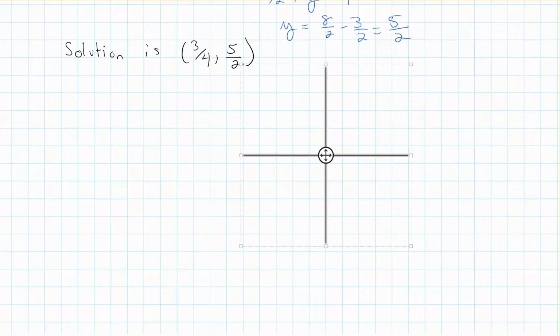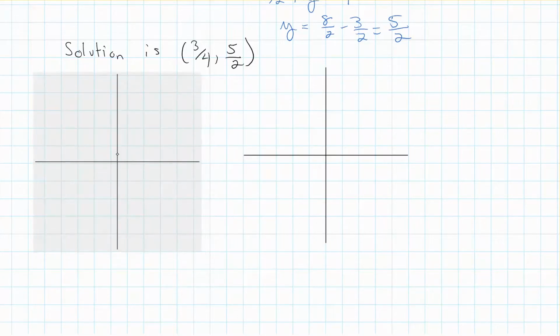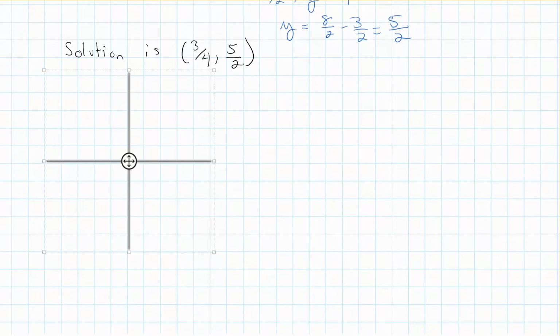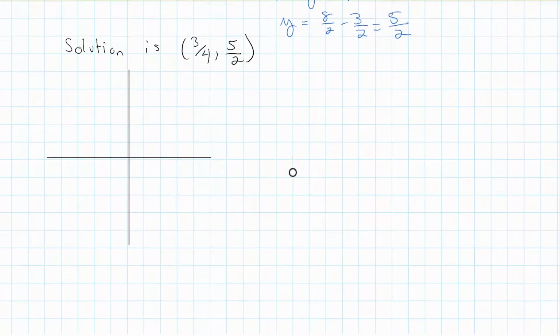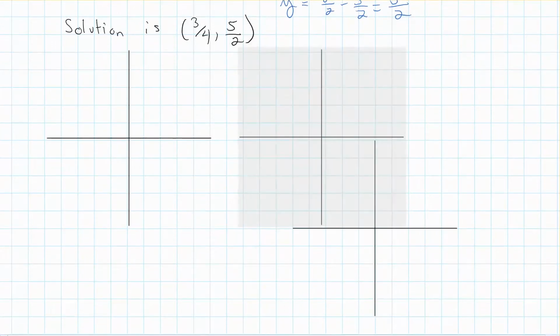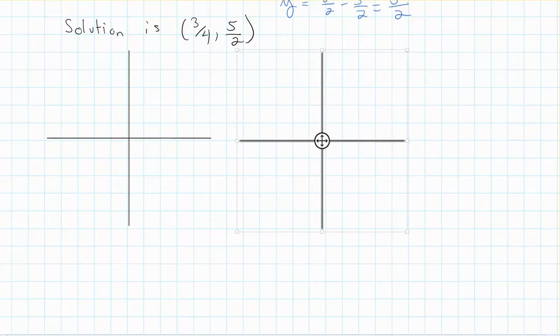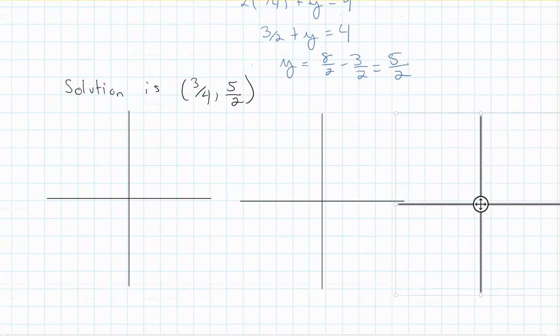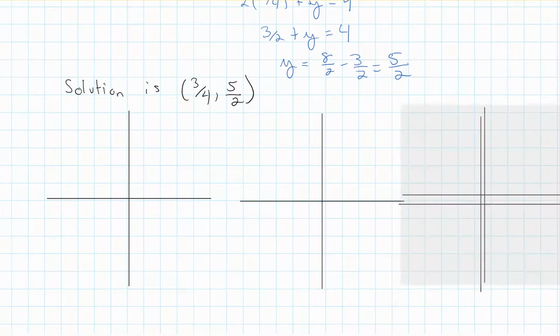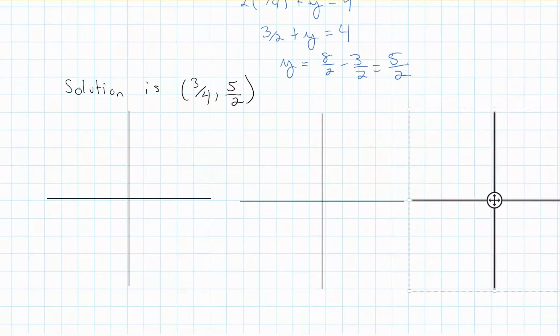So let me pull in a couple graphs here. I don't care if they're perfect at this point. That one's going a little off the video capture, but that's okay.